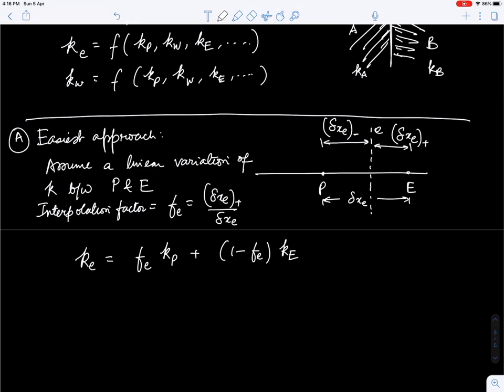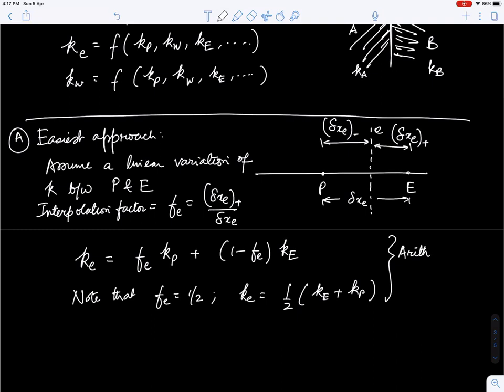So this is a linear interpolation of conductivity between points P and E. Also note that in this formulation, if Fe is half, then we get Ke to be the arithmetic average of conductivities at point E and P. Right, so if the face E is midway between points P and E, we get an arithmetic mean.